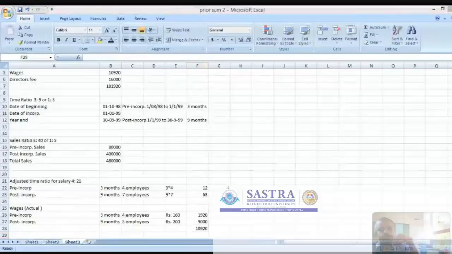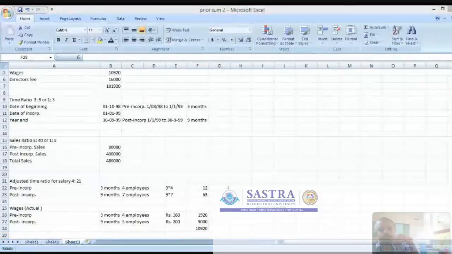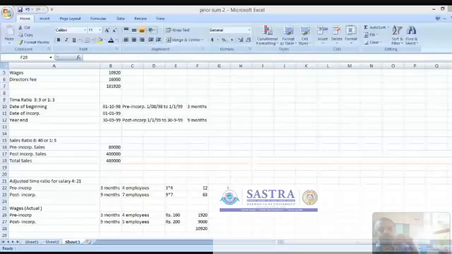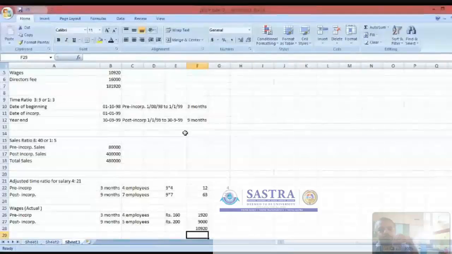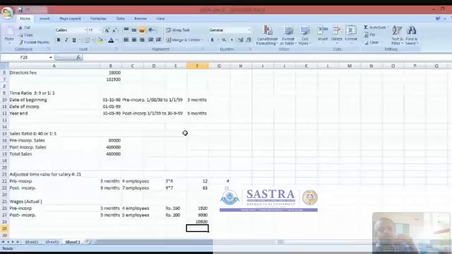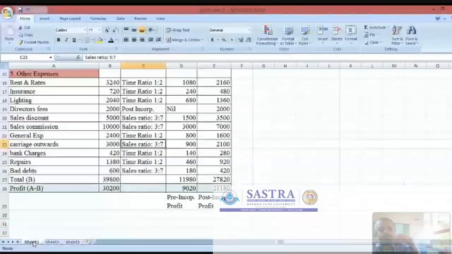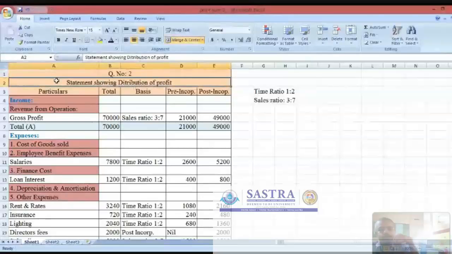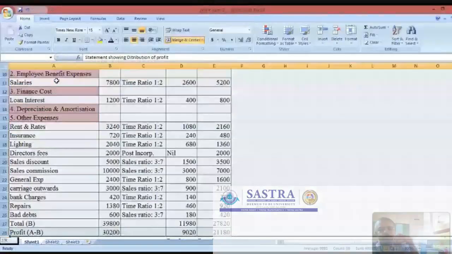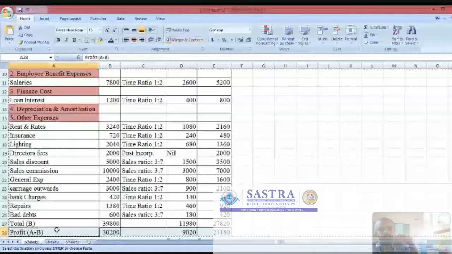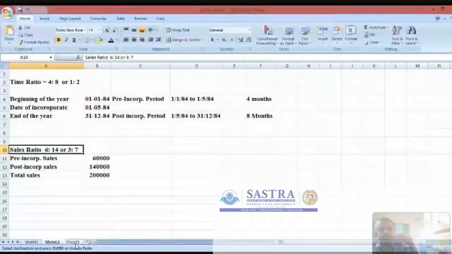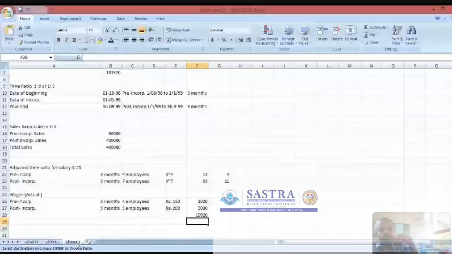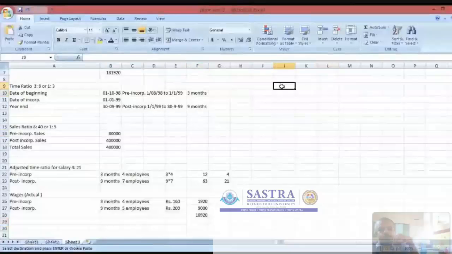The book total wages also 10,920. That's all. These 3 workings need to be done. Once this working is over, then we can go for simple calculations because the answer is very simple.